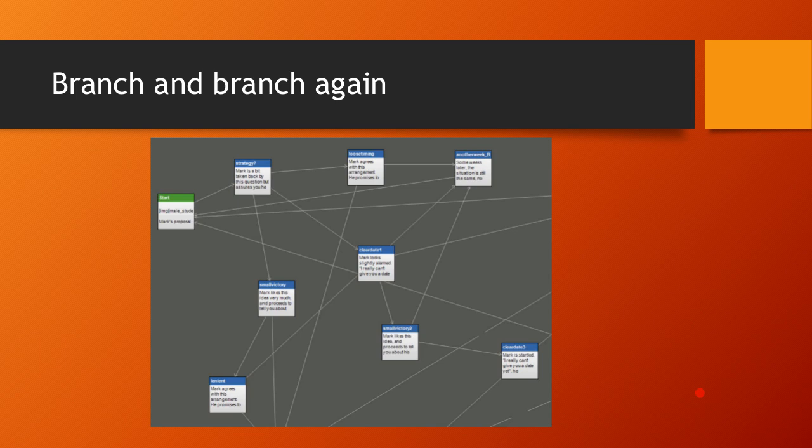I actually ended up doubling up quite a lot of pages because it became too confusing. I tried to be really economical and go back to similar pages when I thought they were almost the same, but in the end, I just doubled things up because it became too complicated to keep track of my paths.